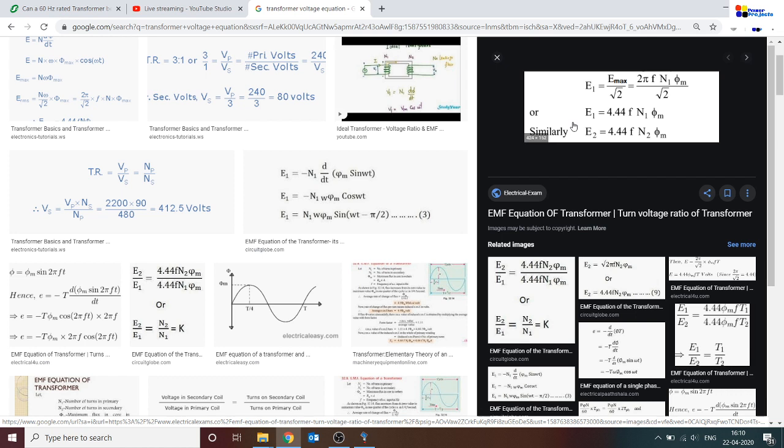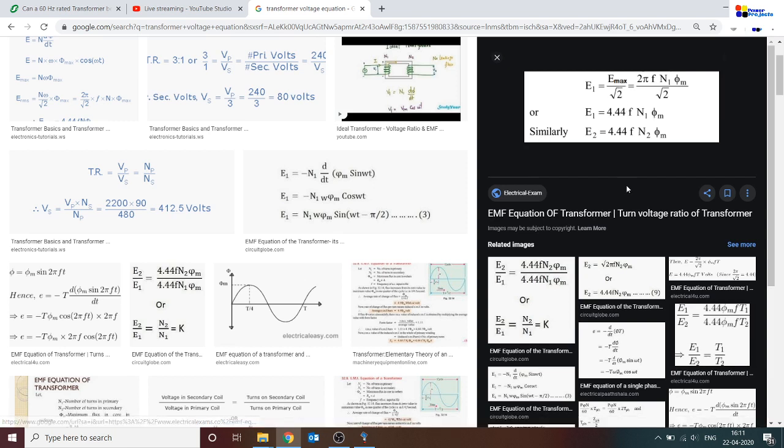If you bring this F to the left hand side of the equation, E1 by F is proportional to phi. Since the designed frequency is 60 hertz and the operating frequency is 50 hertz, the flux phi m will increase.